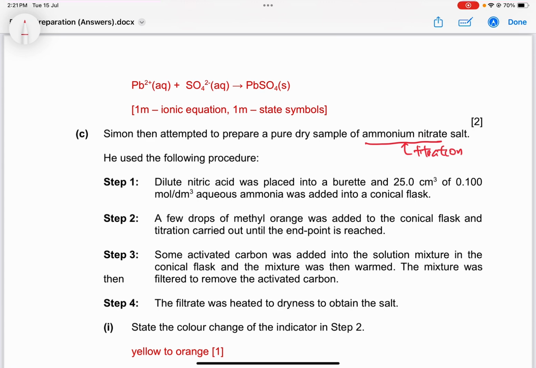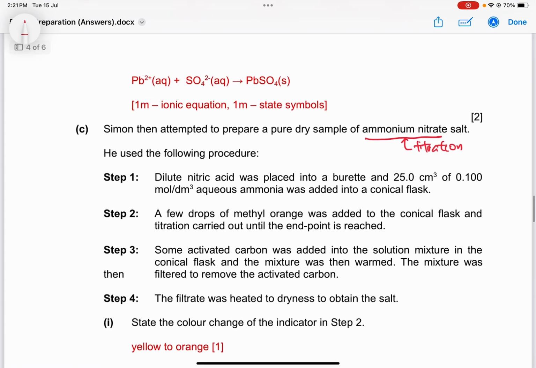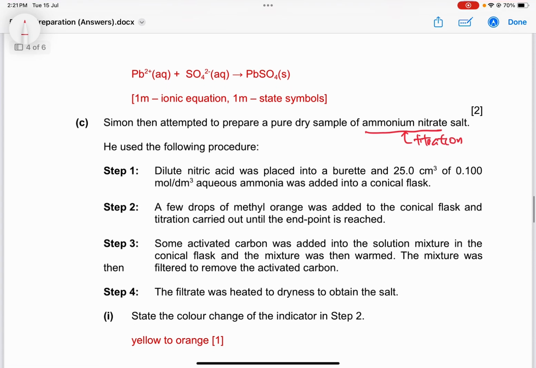So where are the issues in this? The first one is to state the color change of the indicator. In this case, it's methyl orange. It was added to the conical flask, and the conical flask actually contains aqueous ammonia.